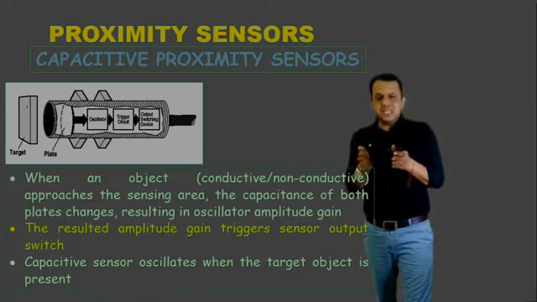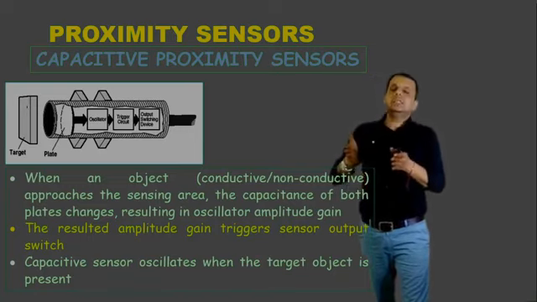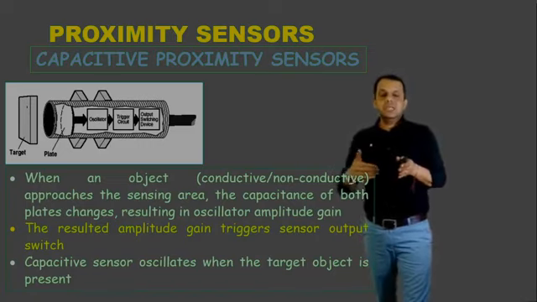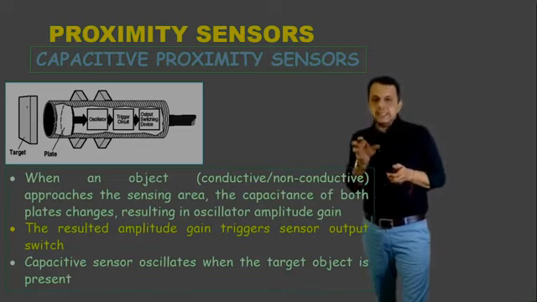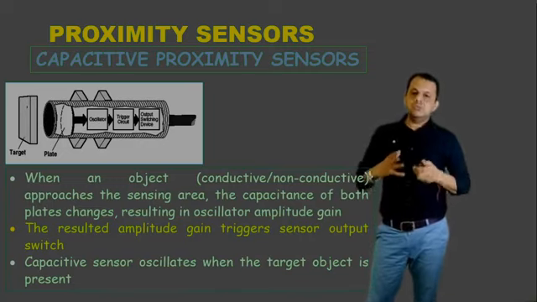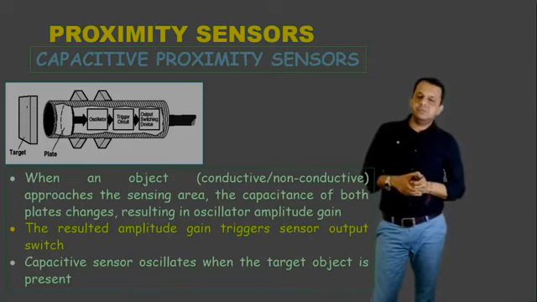What will be changing is the distance between one plate, the face, and the other plate, the target. How far or near the target is will decide the value of capacitance, and that will result in some output voltage, which will trigger the sensor output switch.